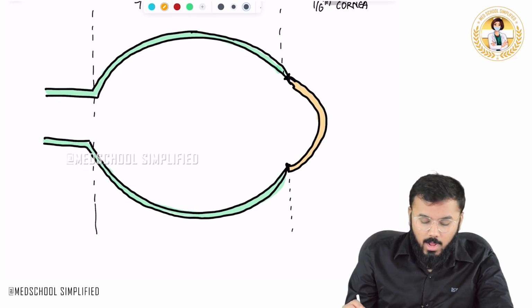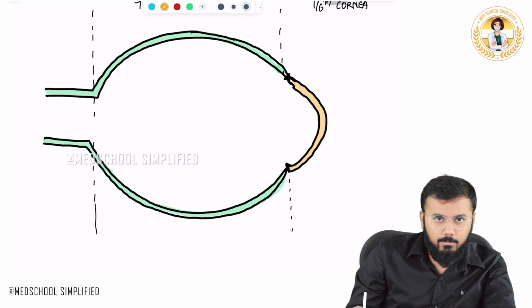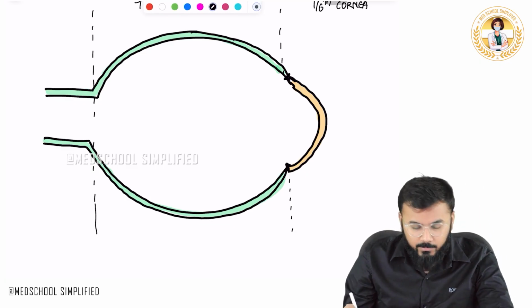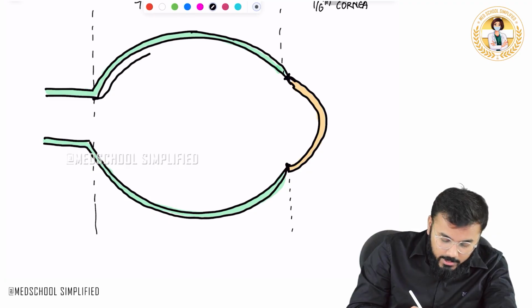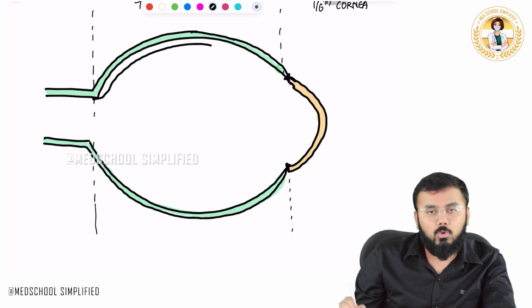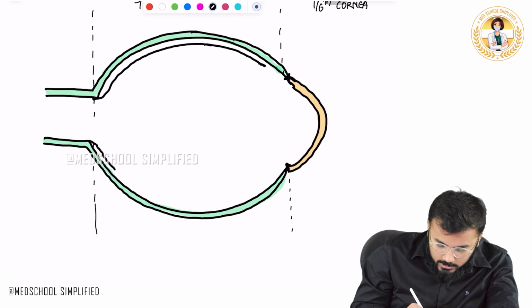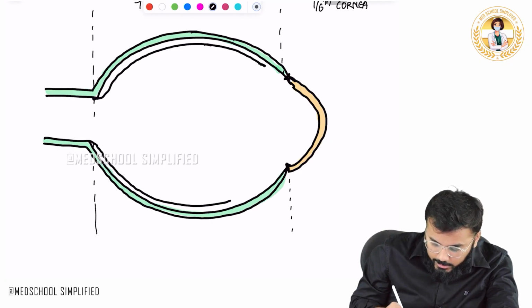Now after this the second important point is the vascular layer. We have got a very good vascular layer here. This vascular layer which I am drawing right now is called as choroid. I will shade it in a minute.